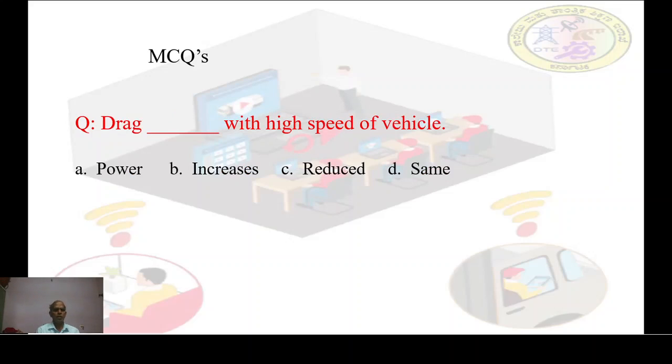Next question, number 2. Drag dash with high speed of vehicle. The choices answers are: A, power; B, increases; C, reduced; D, same. The correct answer: increases.